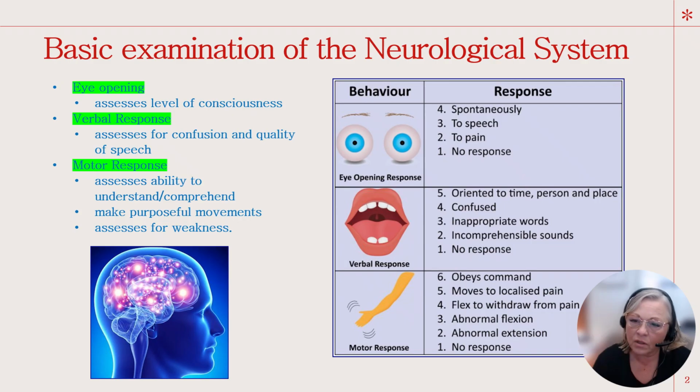For this level of skills, we are basically just using it as a tool without the formal Glasgow Coma Scale being filled in. So for those of you that are a little familiar with the GCS, you may see this and think, oh, this looks familiar. So what are we assessing in these pieces?